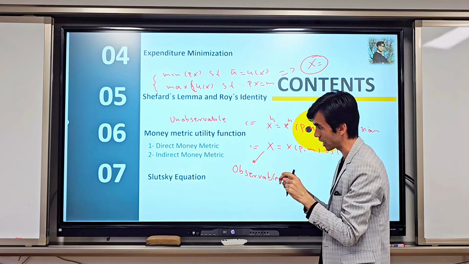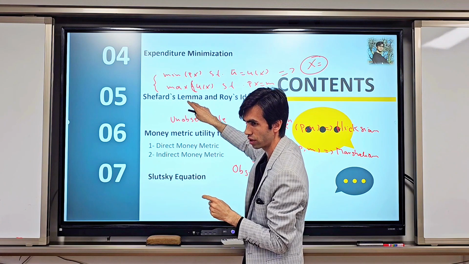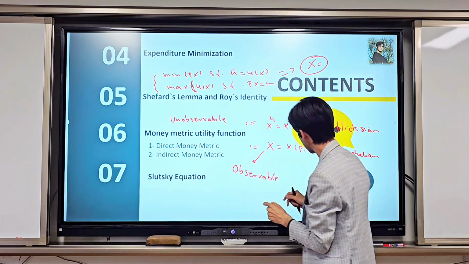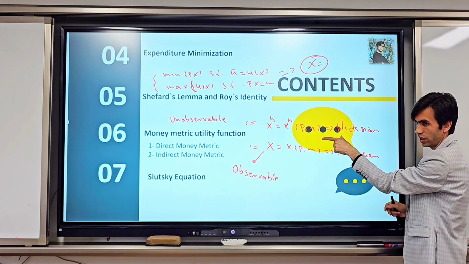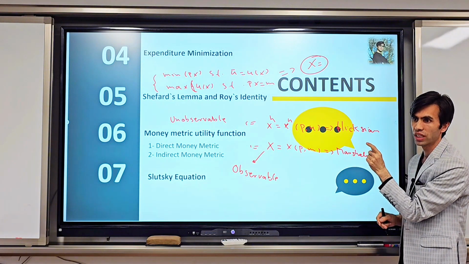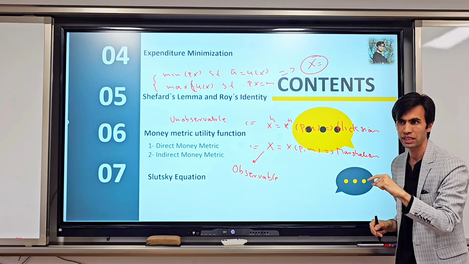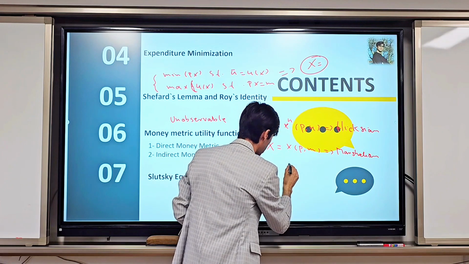But because there is duality, as I said, either you work on this one or this one, you will move to the same result. The thing is, although their graphs are different, the point that provides you maximum level of utility or minimum level of expenditure, both of them are the same.